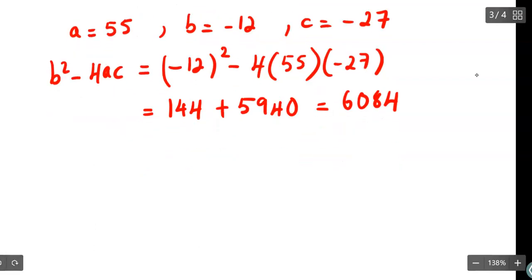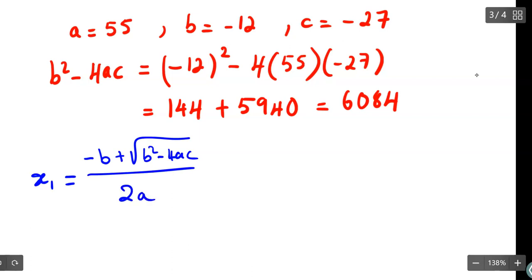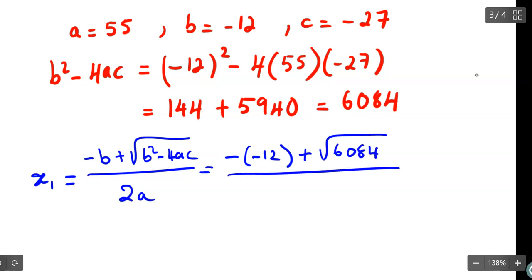So let's substitute that into our x. x1 will be equal to minus b plus the square root of b squared minus 4ac, divided by 2a. So minus b will be minus of minus 12, plus the square root, which should be 78, over 2 times 55.